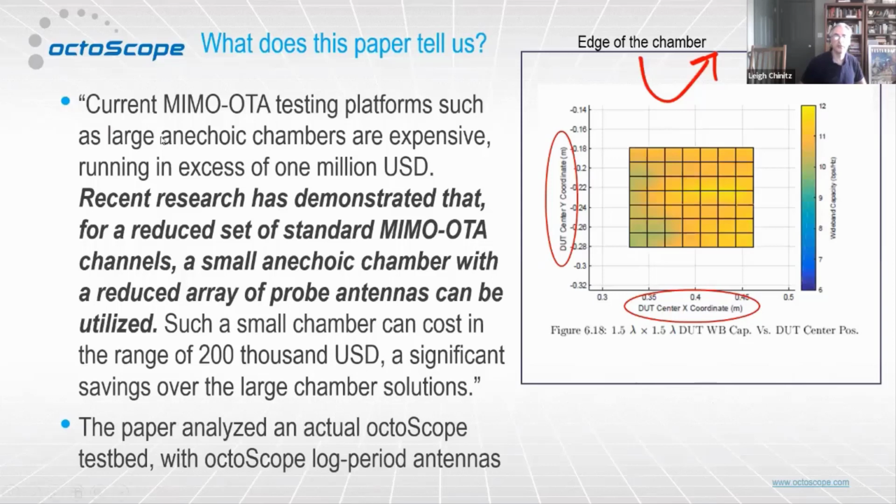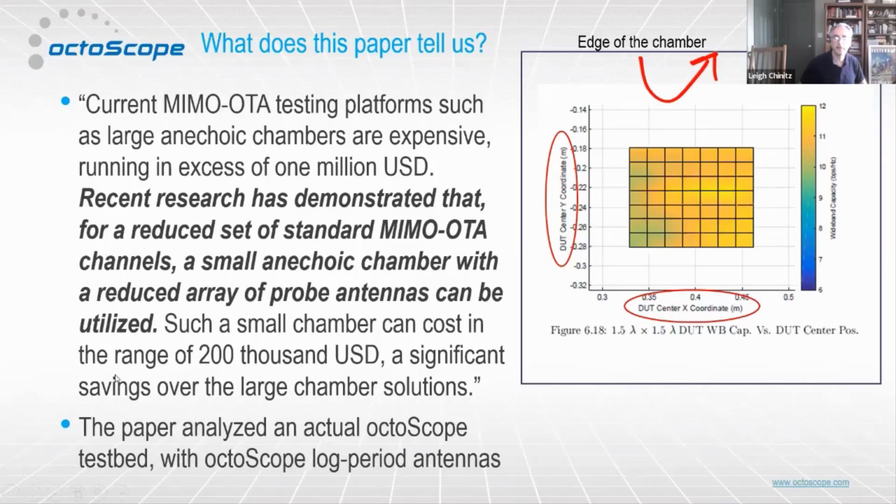So one of the key takeaways from it is that large over-the-air test chambers, big anechoic chambers, can be quite expensive, but research is showing that you can actually do MIMO OTA testing in a much smaller anechoic chamber with a set of probe antennas for significantly reduced cost and still be able to get quite good MIMO over-the-air performance.